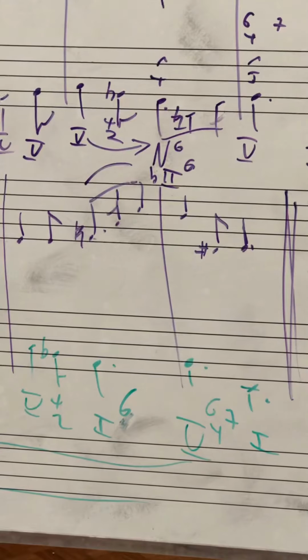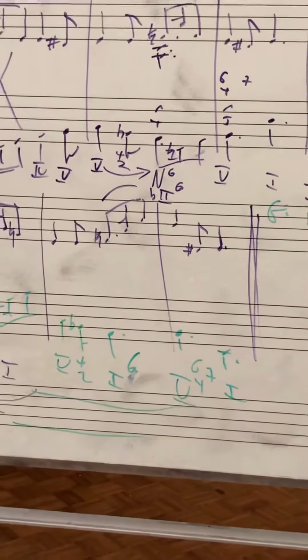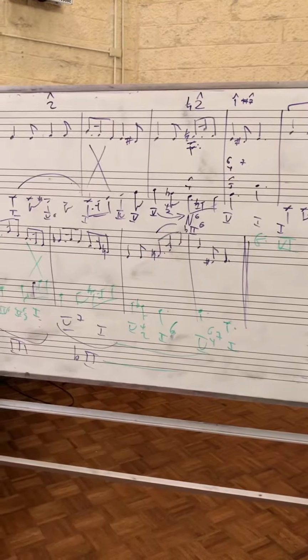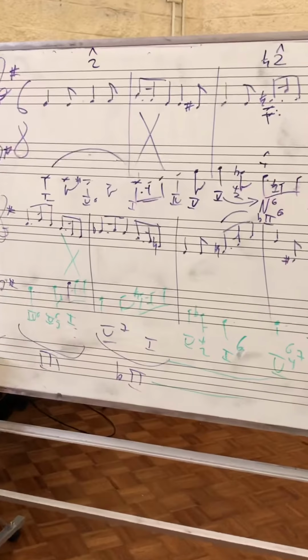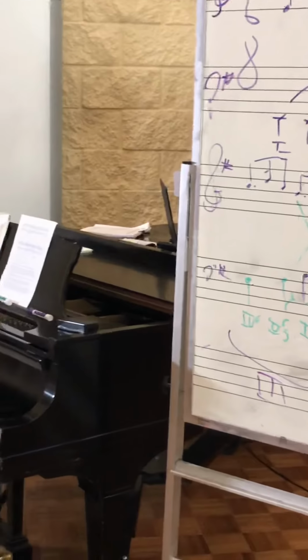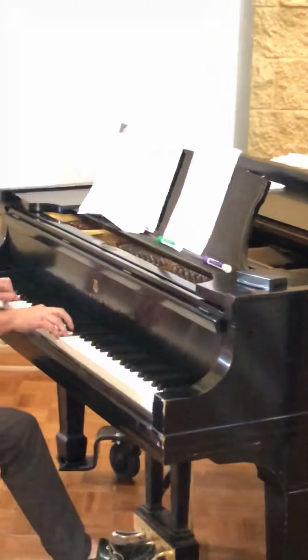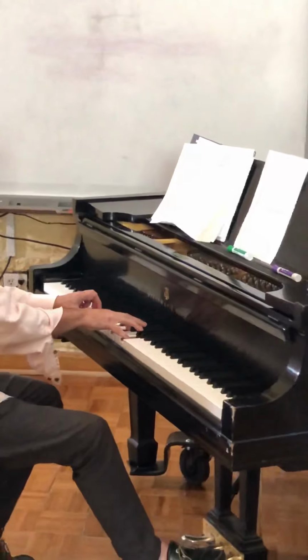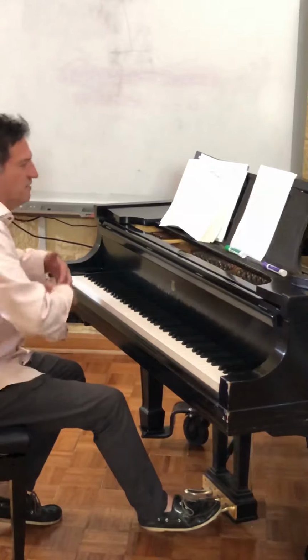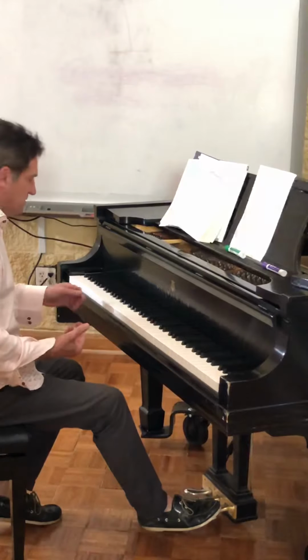So the second phrase begins with tonic, continues by transposing the first phrase up a third to modulate to the relative major. Our sequence of an elaborated descending fifth pattern.